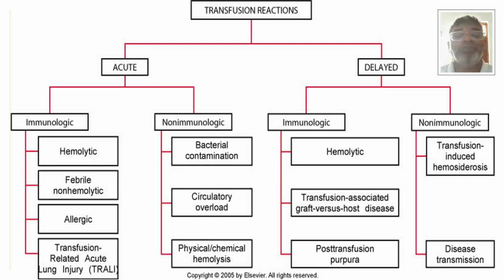We will discuss one by one the most important ones: transfusion-related acute lung injury, transfusion-associated circulatory overload, transfusion-associated graft versus host disease, and post-transfusion purpura in the next few minutes.